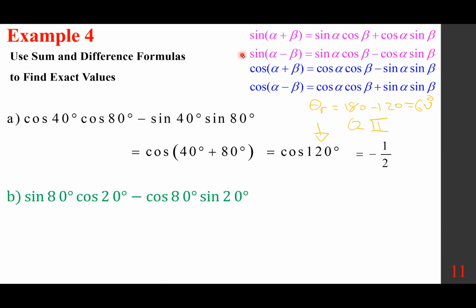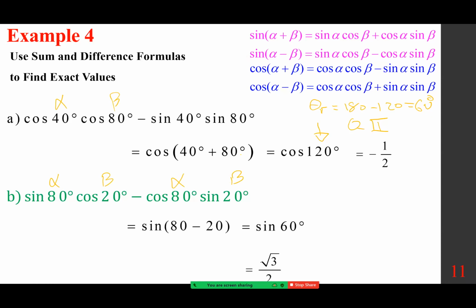So this becomes sine of 80 minus 20. So let me write that in case. So this is alpha, this is beta, this is alpha, this is beta. That's the idea. Alpha, beta. And sine of 60 degrees, we know it to be square root of 3 over 2.